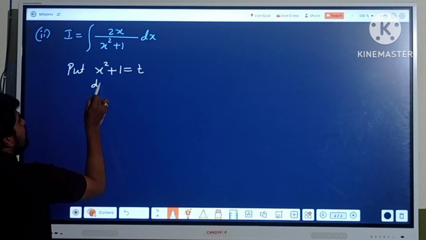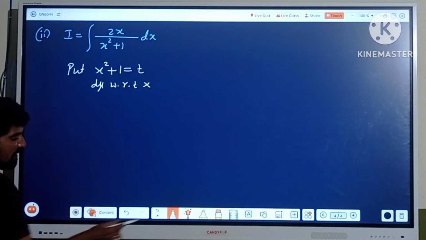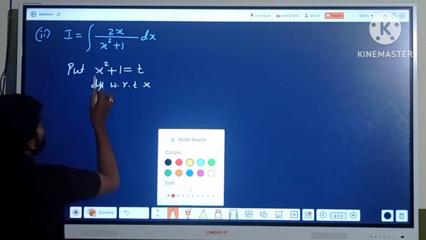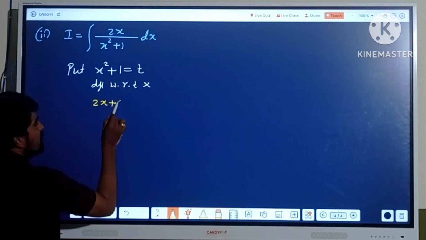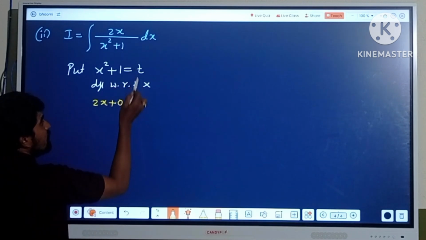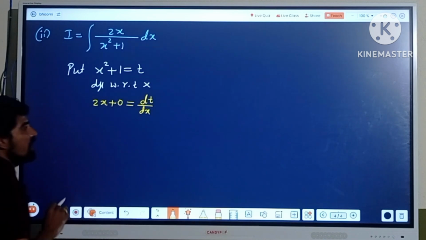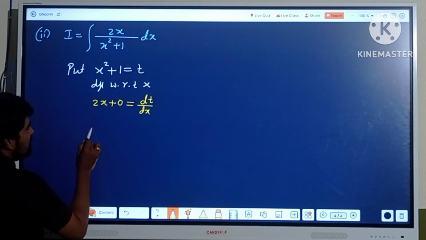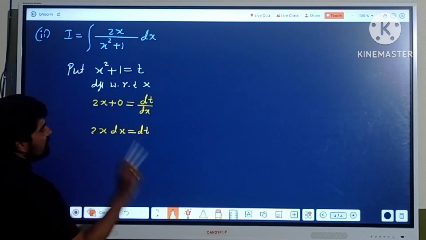Again, differentiate with respect to x. We know that the derivative of x square is 2x, plus the derivative of 1 is 0, which equals dt by dx. Again, by using cross multiplication, 2x dx equals dt.